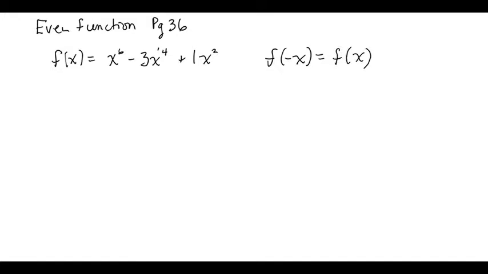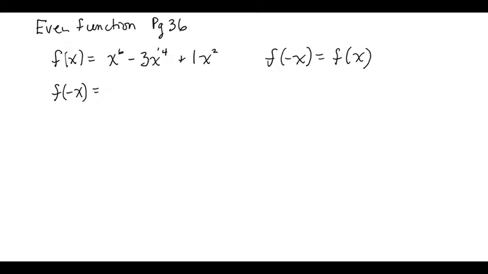What this is referring to is if we substitute a negative x into our function, the result is our original function in return. Just like you're substituting in a number into our function, well, here we are actually substituting a negative x into our function.